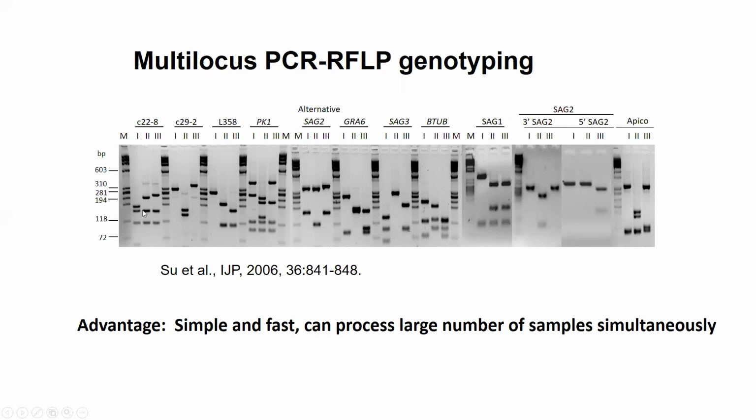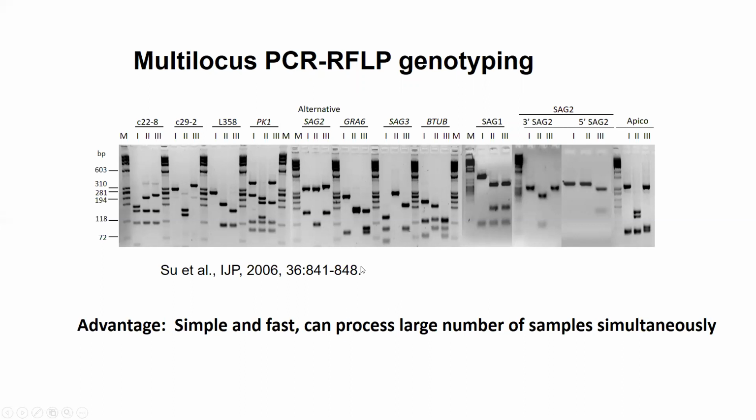So each pattern is called one allele. Here at least 3 alleles are listed for those markers, and you combine all the multi-locus markers together to have a higher resolution. So even though PCR-RFLP in general has low resolution, if you use multi-locus, you include many different sequence fragments, and then you can still get a decent resolution to identify different isolates.